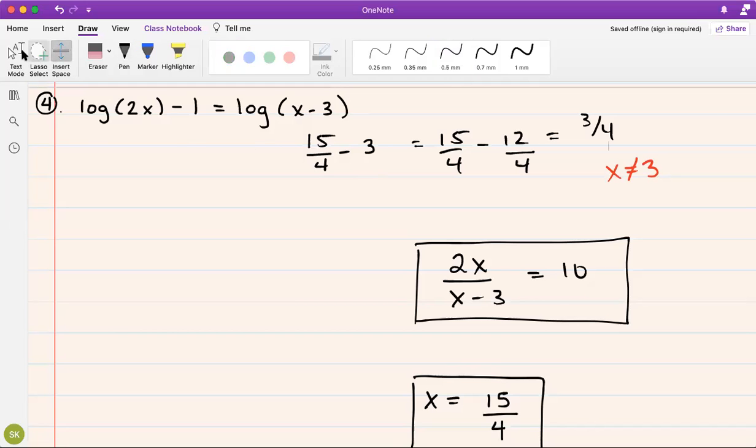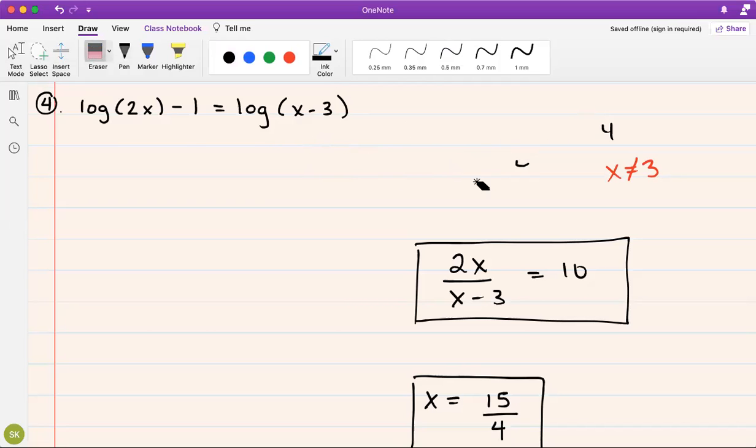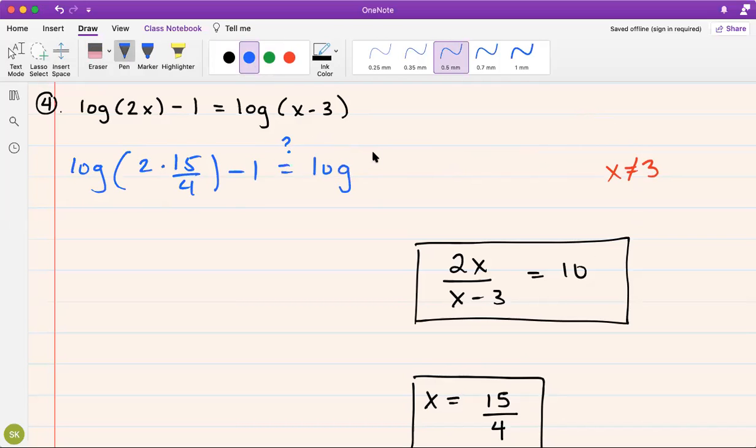Okay, so from there, let's plug it in to see if we actually get a correct solution. And also 15 over 4 is not equal to 3. Remember, 3 is 12 over 4, so we're okay because we can plug that in this denominator. So log of 2 times 15 over 4 minus 1, is that equal to, we said that this was log of 3/4.